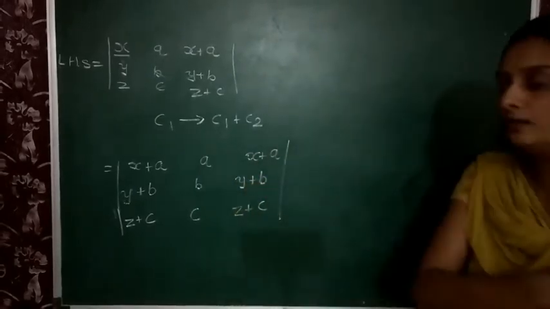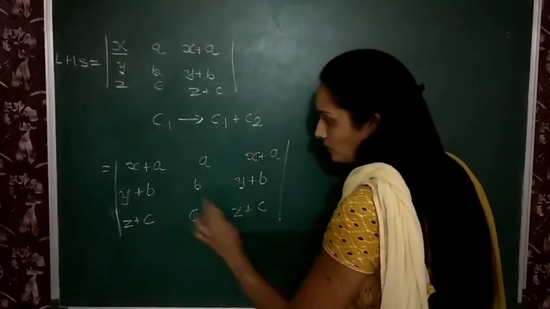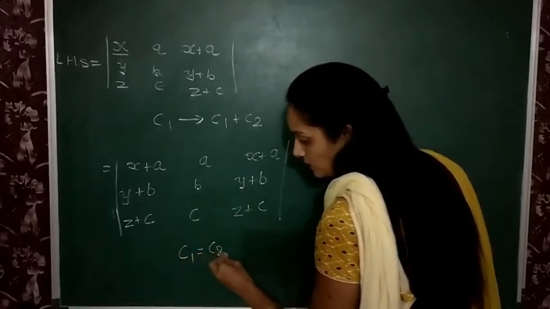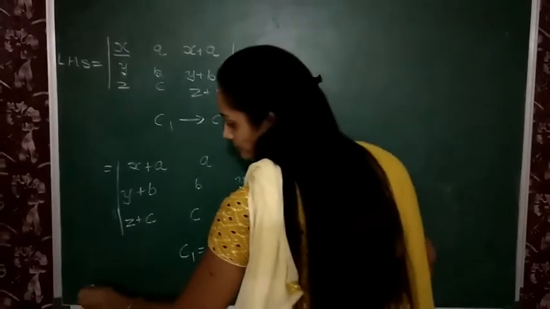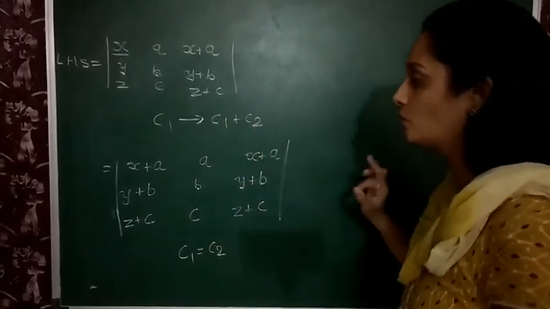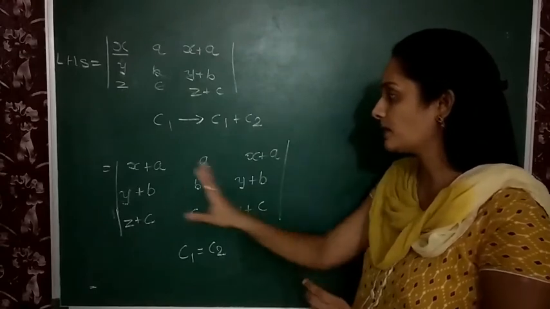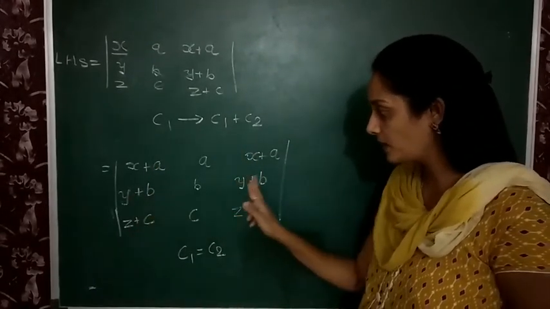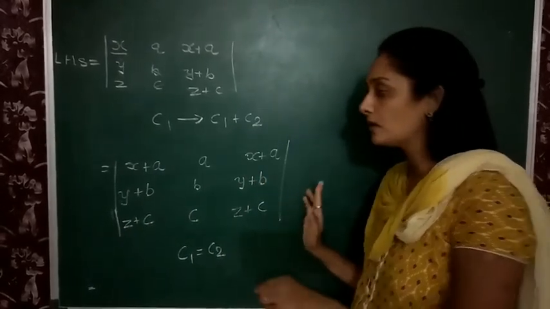Now we can see the first and third columns are the same, that means C1 is equal to C3. And we see property number 3: if two rows or two columns are identical, that means the elements are the same, x plus a, x plus a, y plus b, y plus b, z plus c, z plus c, then the determinant is 0.